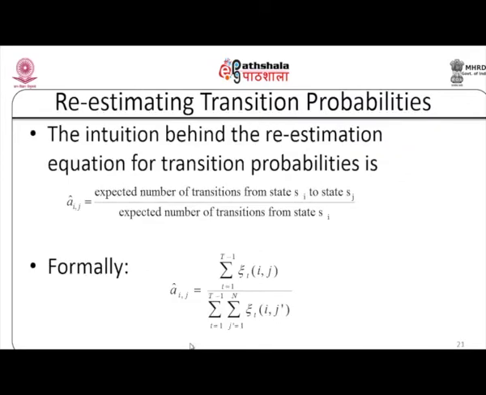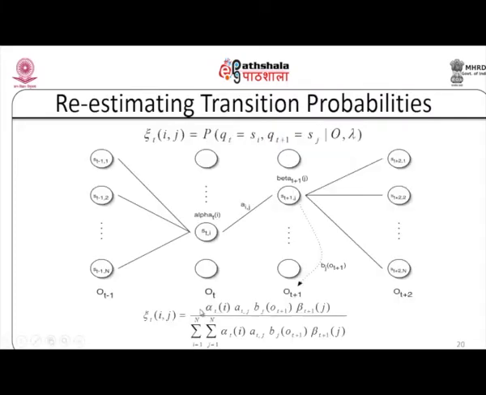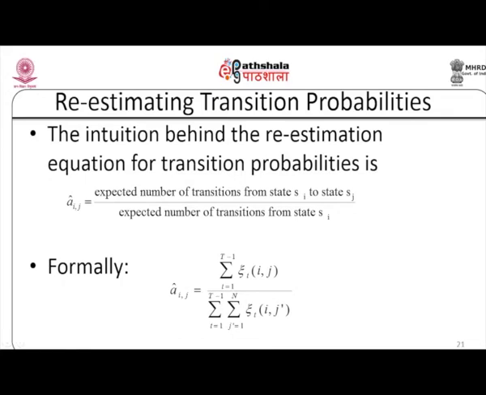The intuition behind re-estimating the transition probability is the expected number of transitions from S_i to S_j over the expected number of transitions from state S_i. In the previous slide we found eta_t. Now our job is to find the transition probability from i to j.